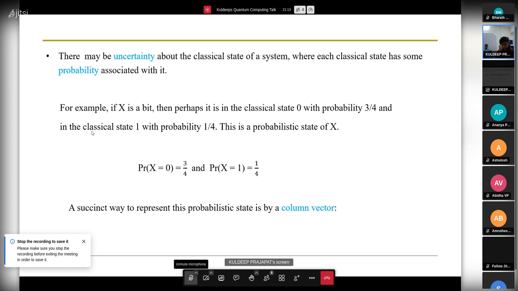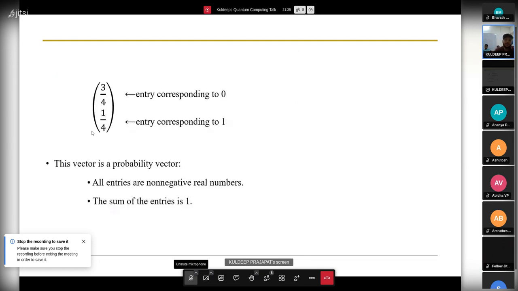So we have the states now, but how do we represent them? There may be many methods, but the simplest and most convenient is to write it as a column vector. This bracket you can see is what we call a column vector.